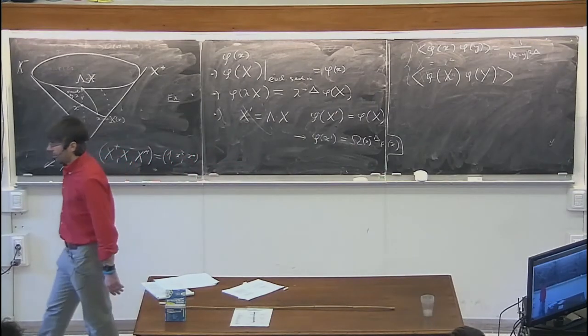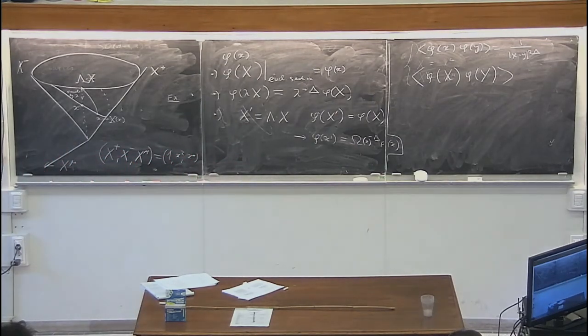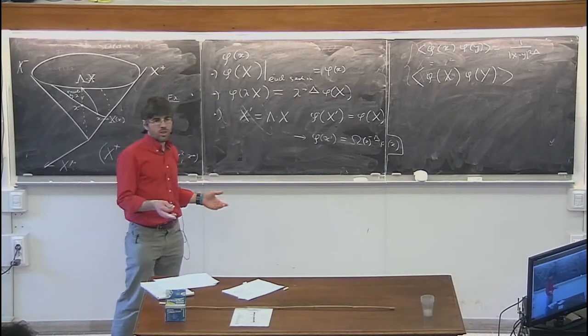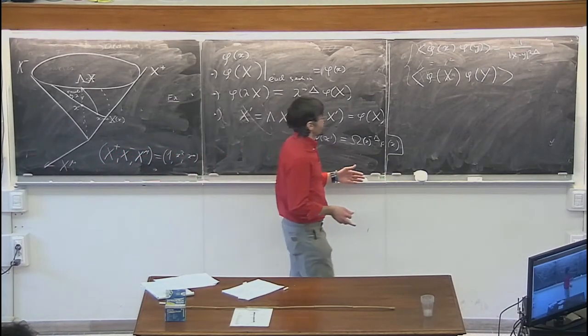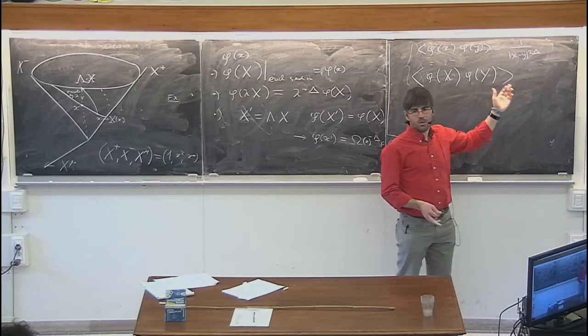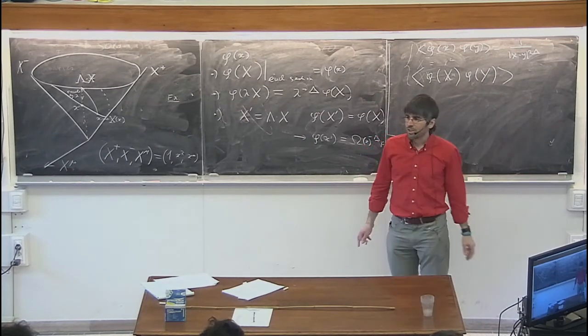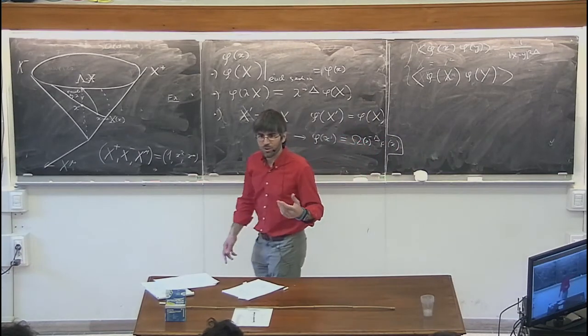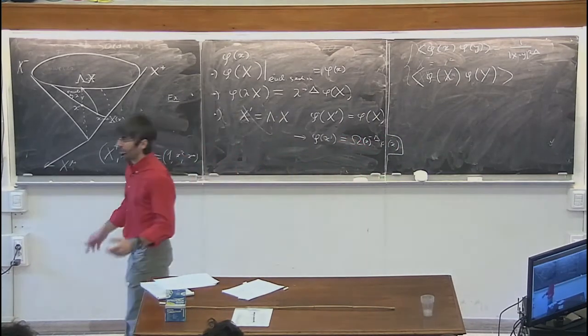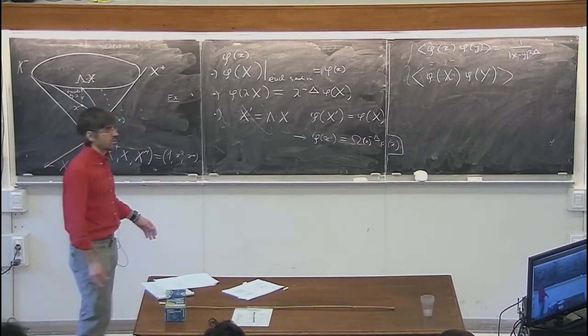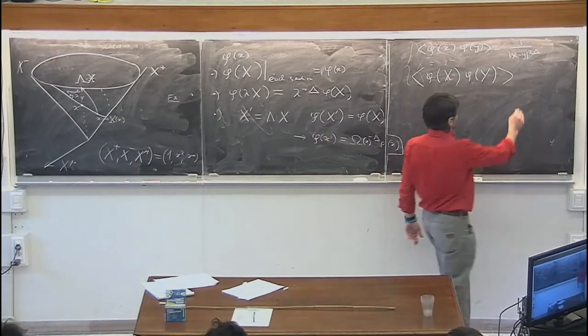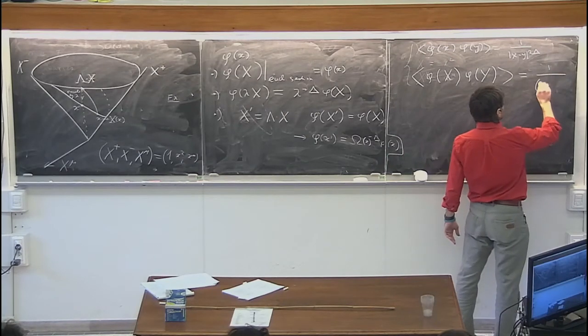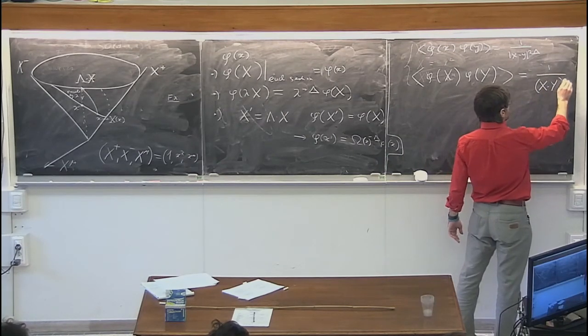In order for the final answer to be conformally invariant, the answer written in terms of x and y should be Lorentz invariant. So it should be a function of x squared, y squared, or x times y. But x squared and y squared are equal to 0, because we live on the null cone. So they cannot enter. The only thing which can enter is x times y. So it's going to be equal to 1 over x times y to some power.